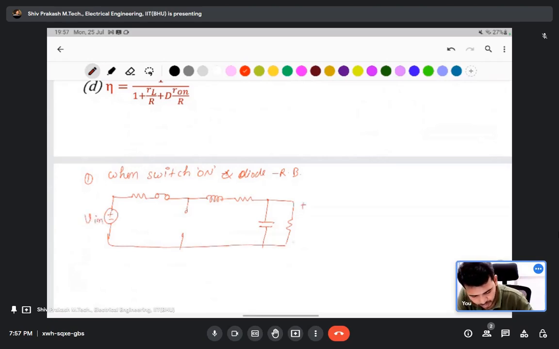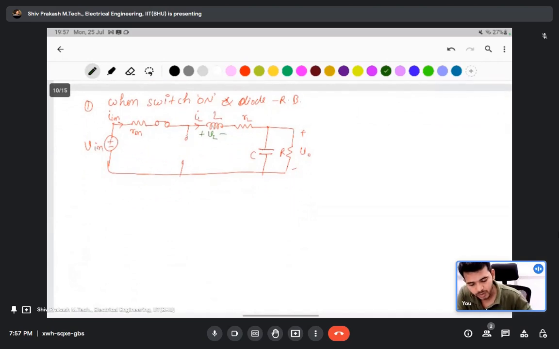The output across C, L or RL, the input is the IL. Here the voltage VL.